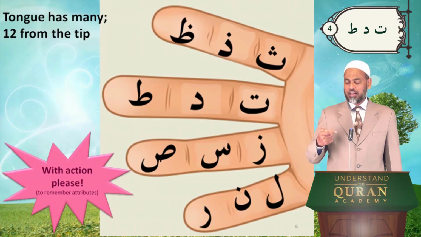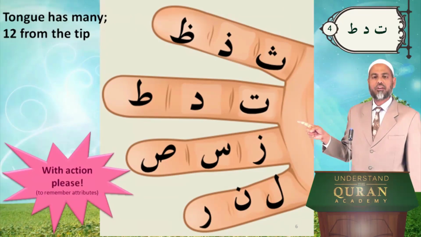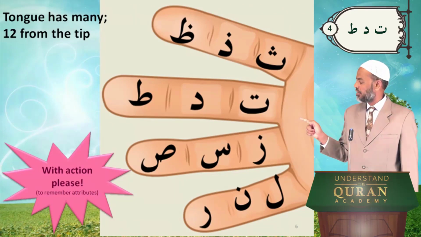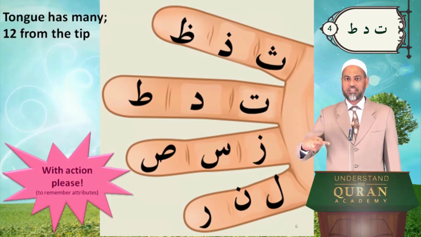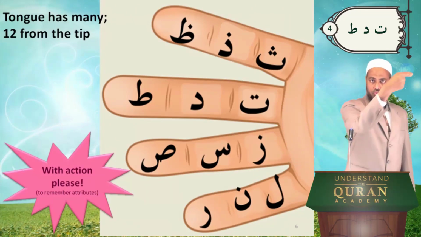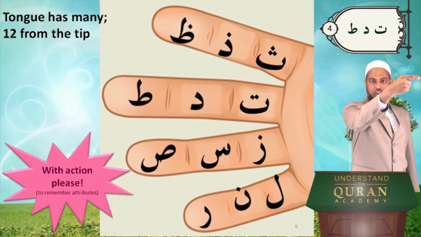What are they? The last lesson we have learned tha, the, dha. So keep your first finger out and say this is tha, the, dha. You don't have to point out while you're doing action, but at least keep one finger out and say tha, the, dha. Why like that? For dha, because it is very thick and high.